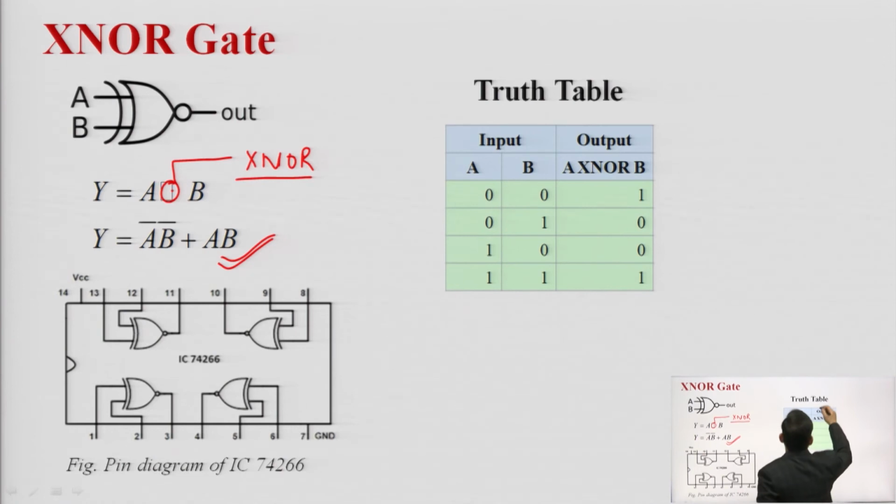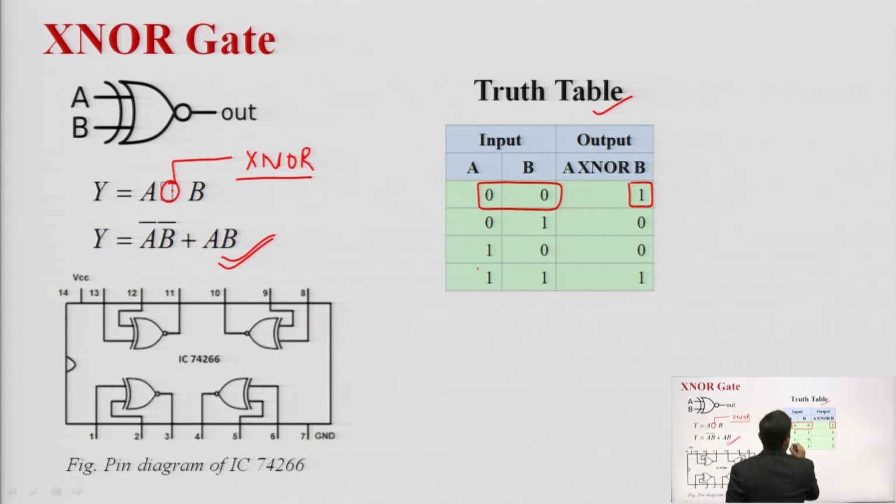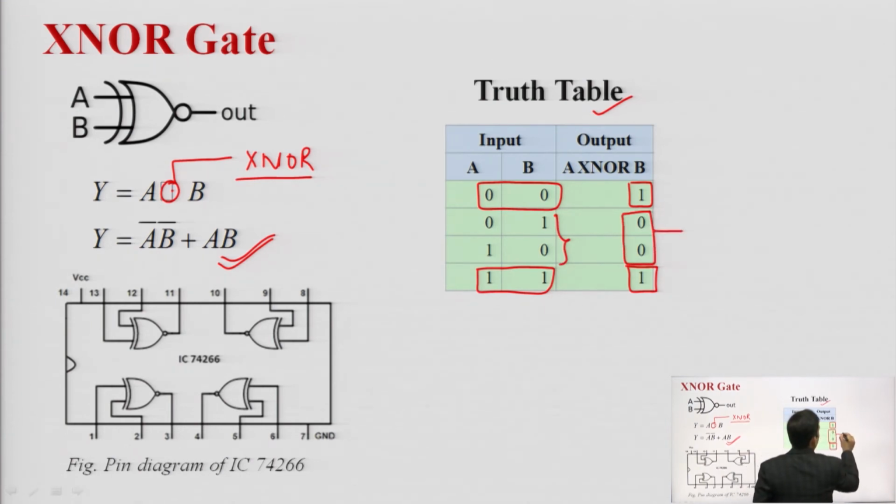So we have the truth table over here. Here we can see that if both the inputs are the same, then the output is 1. Similarly, when the inputs are different, the output is 0.